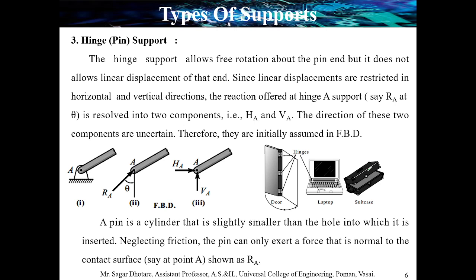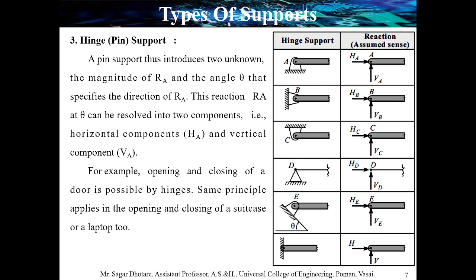Okay, next one. Now, the hinge support in different positions. In the first position it is totally horizontal, so again there is an angle theta, and the reaction is converted into two forces, a vertical component and a horizontal component.